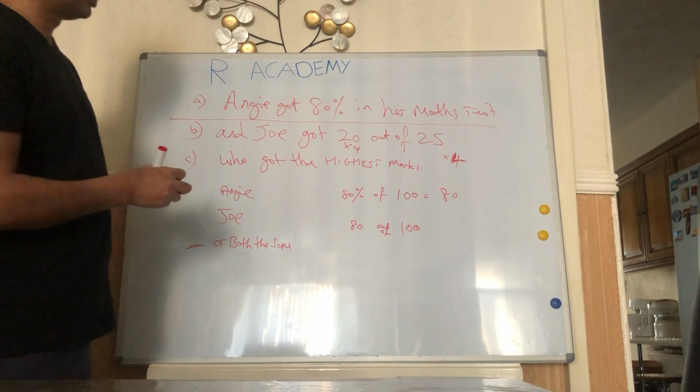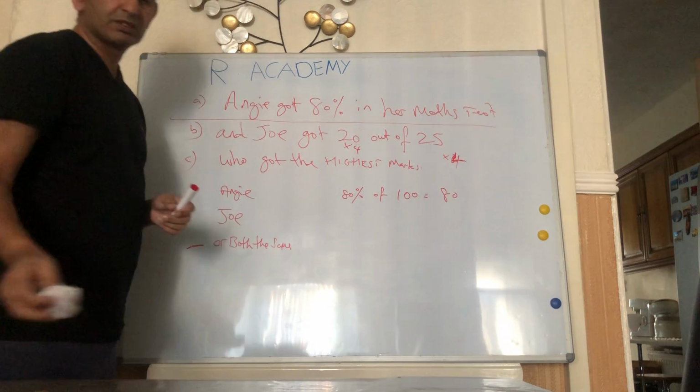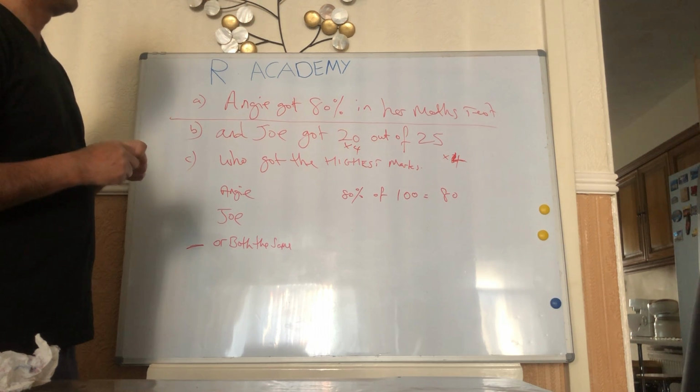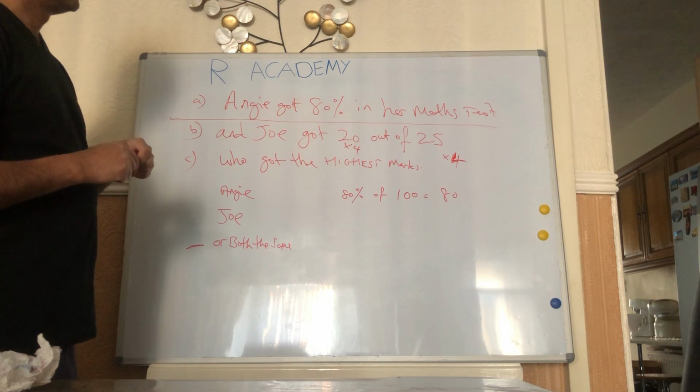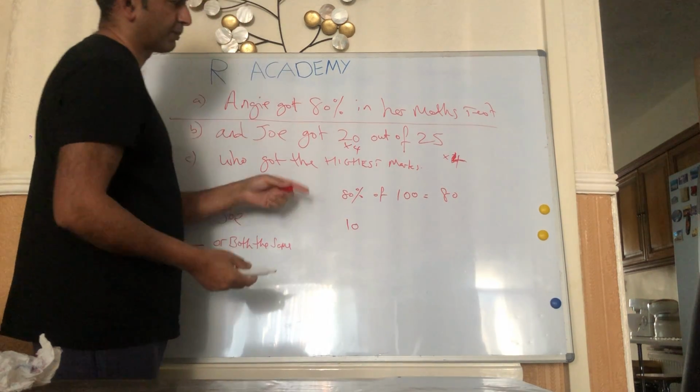There is another way of doing that second one. We could have done this like when we did 10% of something, before when we did 20% of something. We halved it to 10, and then doubled it later, if you remember.